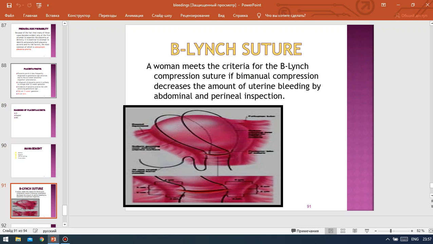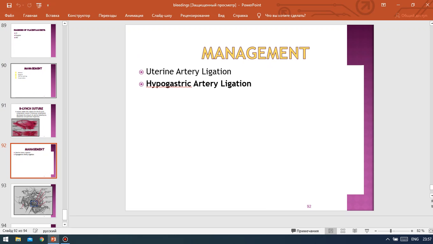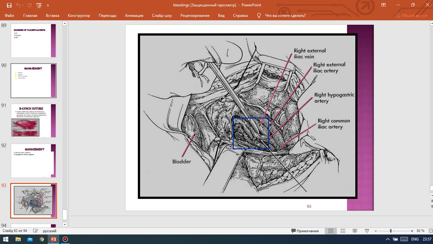We make this B-Lynch suture during cesarean section, after delivery of the baby and after separation of the placenta. We make this suture to compress the uterus and the main vessels of the uterus. Uterine artery ligation and hypogastric artery ligation is the main management tool.